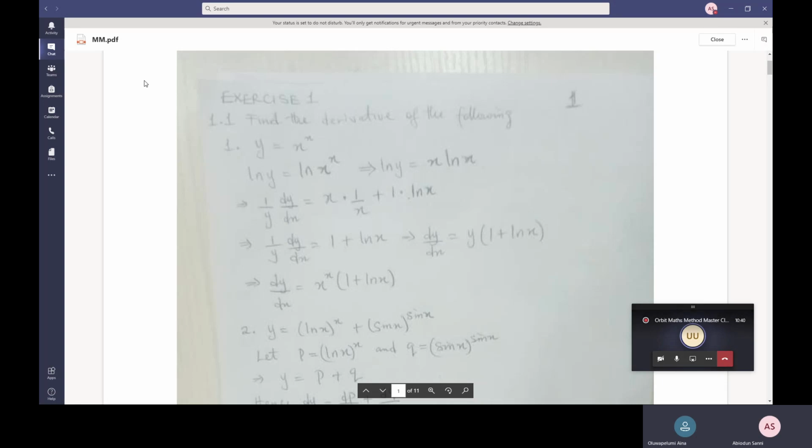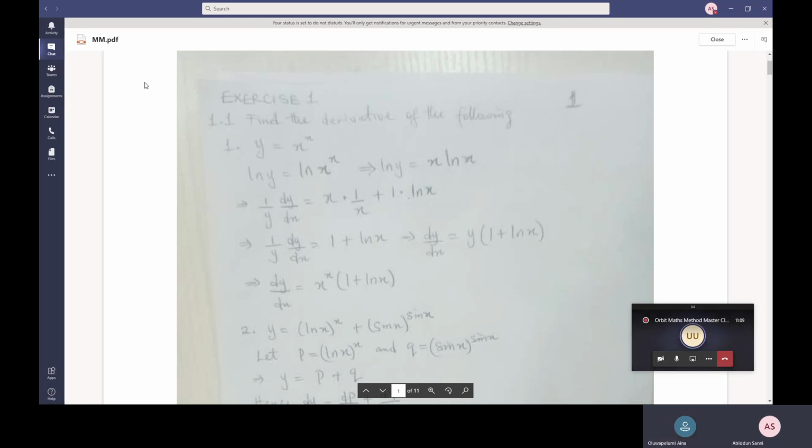Yes. Okay, but in mathematical methods in Unilag, if you are given a differentiation problem in math method, you are not expected to use the product and quotient rule.